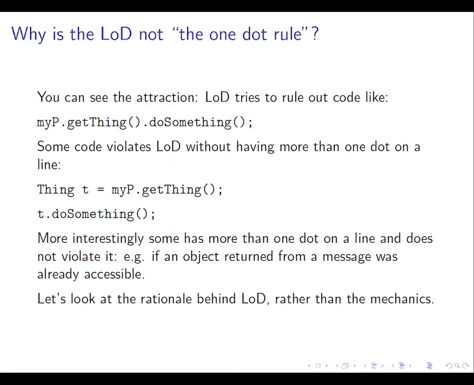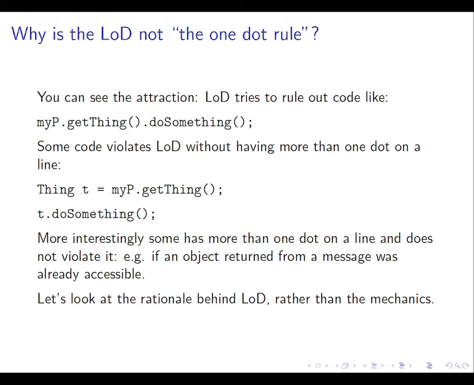Okay. And so you'll sometimes see the law of Demeter referred to as the one dot rule, because it's trying to rule out code like that. However, that's not really very accurate, because it's perfectly possible to violate the law of Demeter without having more than one dot on a line. All you have to do is to split the message calls as shown on those 2 lines there.